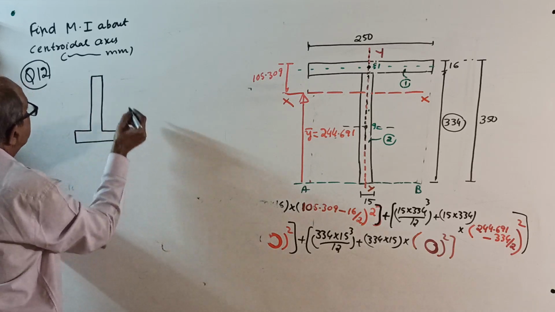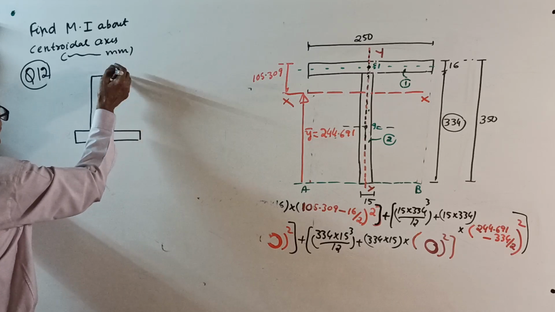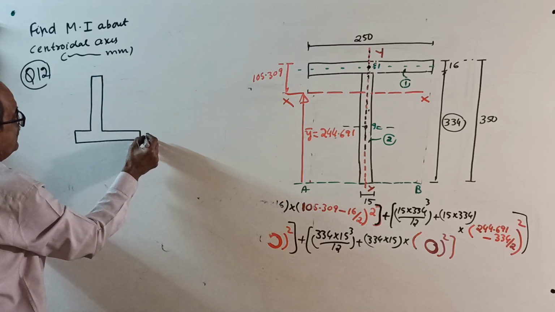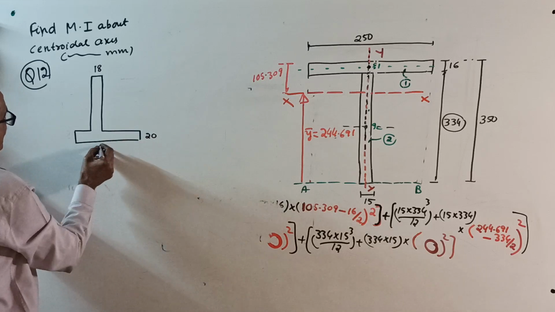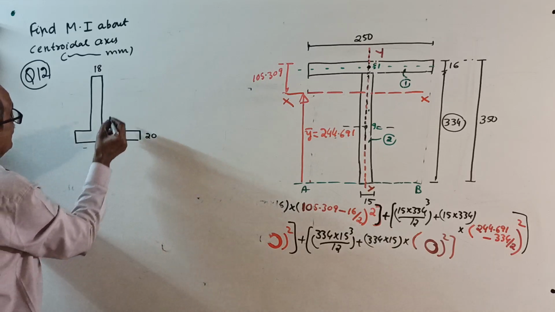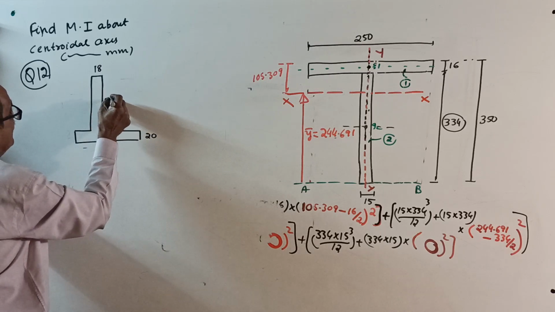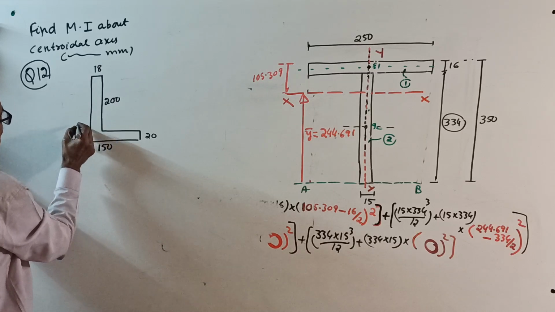Okay, this way. This is some thickness here. This is 20 thickness. This is 18 thickness, out of scale. This full width is 150. This is 200. And this distance is 75, 40.